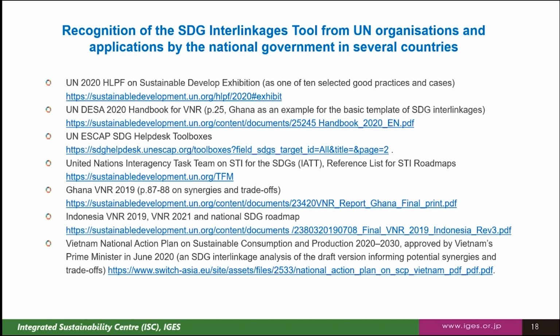We also use the tool to support governmental integrated policy making as practical applications. For example, in Vietnam, we used the tool to support the development of the National Action Plan on Sustainable Consumption and Production.